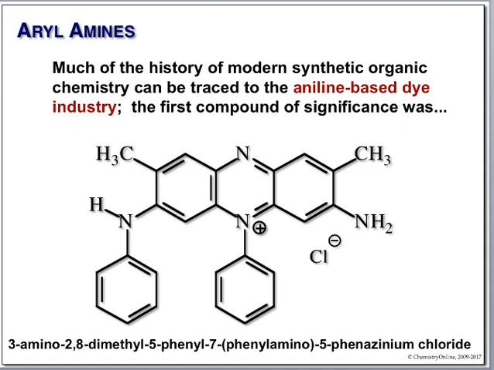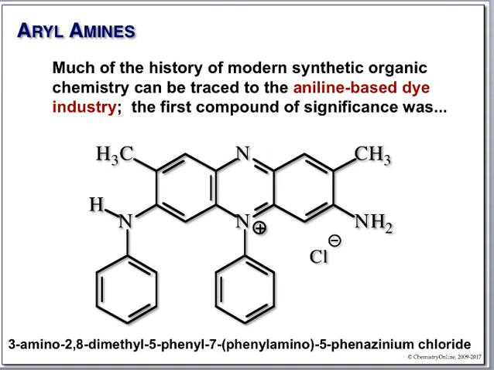But Perkin took home a bunch of chemicals he shouldn't have, worked in his basement he shouldn't have, and he discovered that if you took aniline and did some strange things to it, you could make 3-amino 2,8-dimethyl 5-phenyl 7-phenylamino 5 whatever chloride.